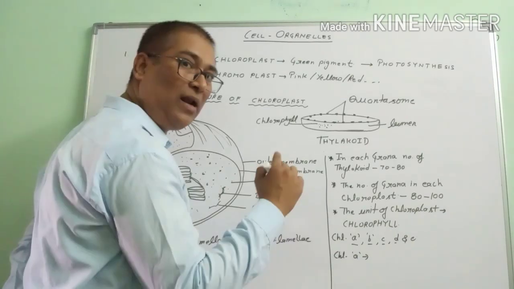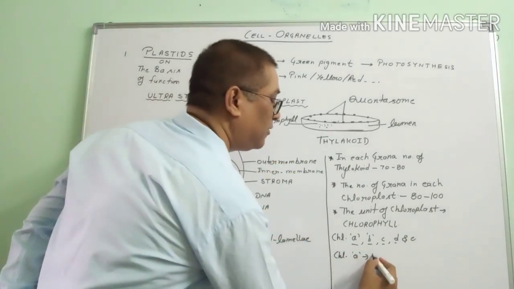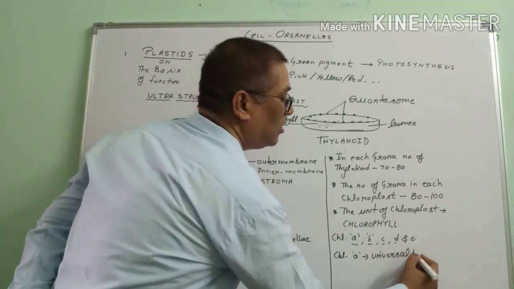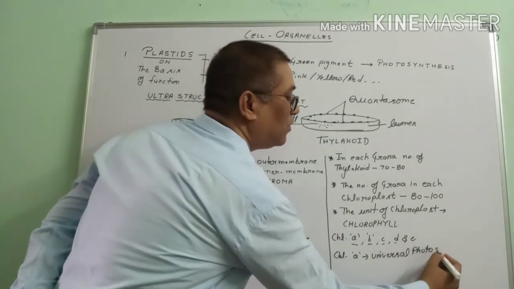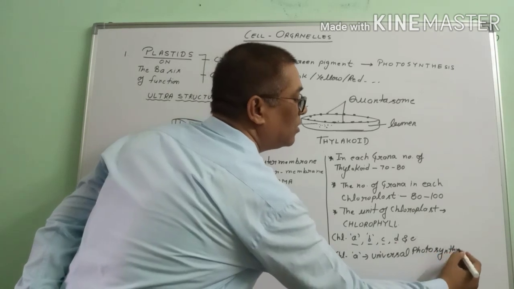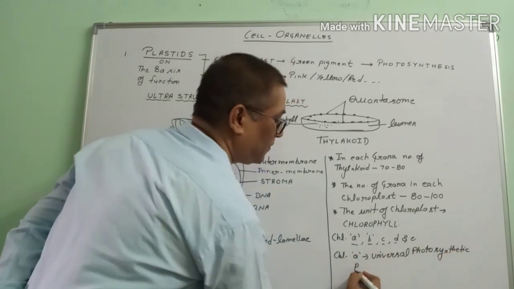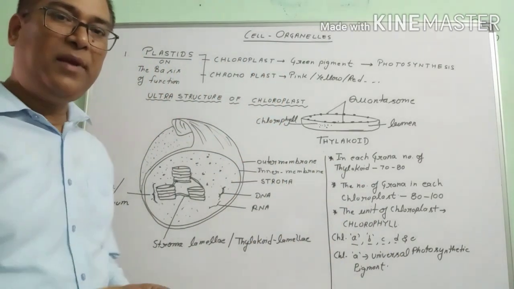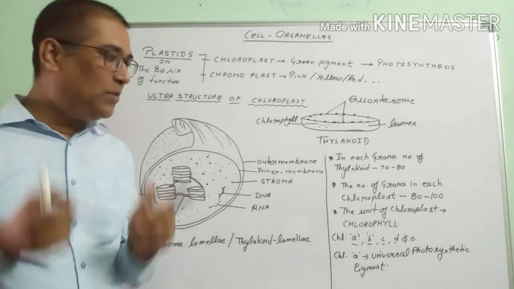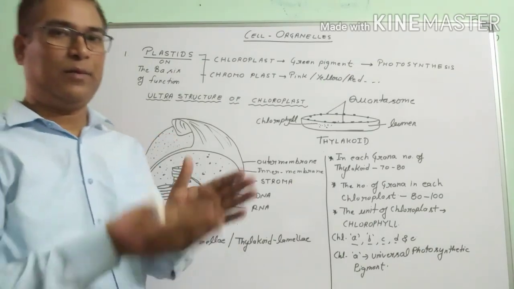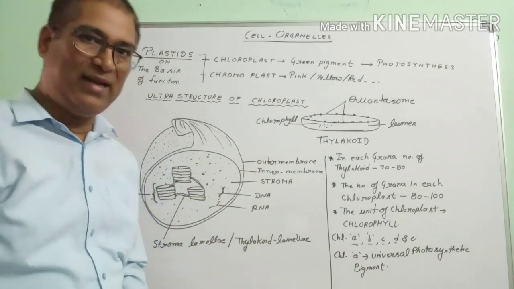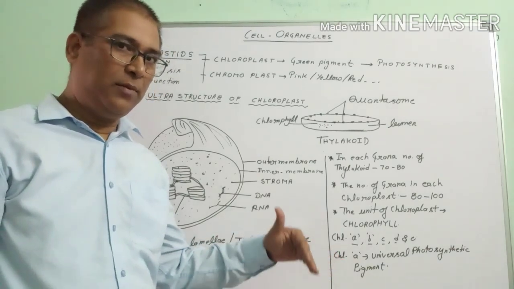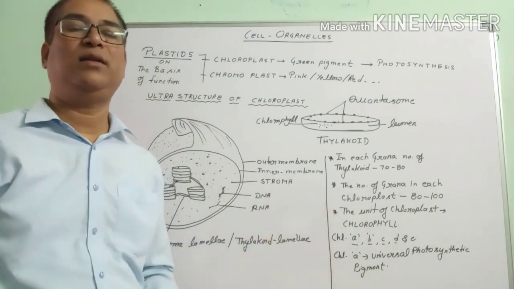Out of these chlorophylls A, B, C, D and E, chlorophyll a, small a, is the universal photosynthetic pigment. It means in all types of green plants, maybe lower plants also like algae, chlorophyll A is present and helps in photosynthesis.